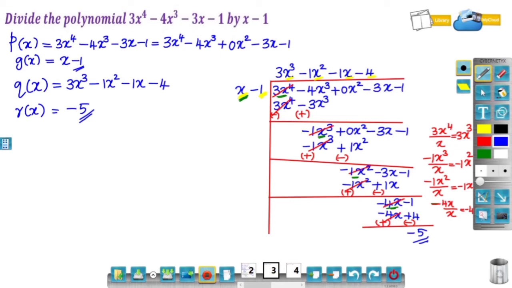This is how we find quotient and remainder when the dividend and divisor is given. Look at the degree of the remainder is 0.